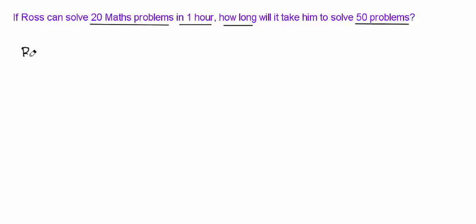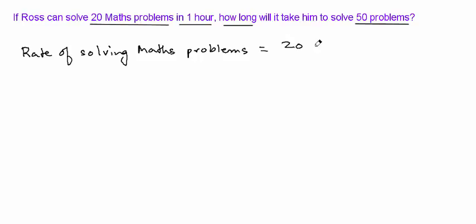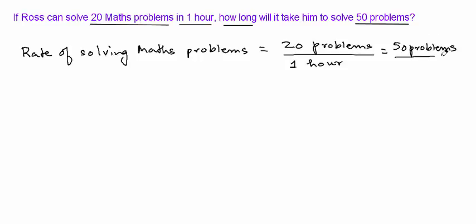So the rate of solving maths problems is given as 20 problems over 1 hour. And that is the same as 50 problems over how much time? We need to find this one out.